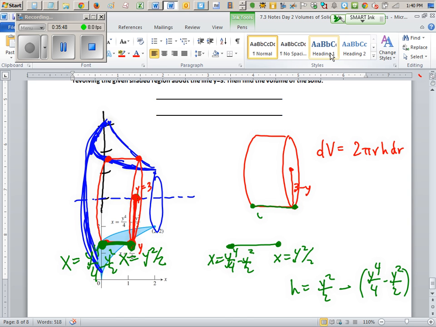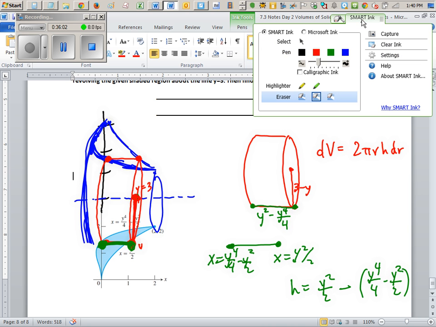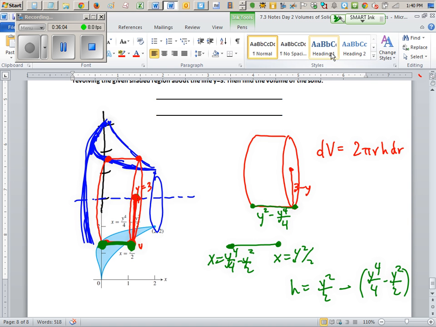It comes out to y squared minus y to the 4th over 4. It's just the difference in the two equations they gave me. They gave me an f of y and a g of y, and I just subtracted them. I just subtracted the endpoints to get that. All right, so my shell height, I drew it over here because it's a little bit hard to fit into the picture. There it is, this minus that.